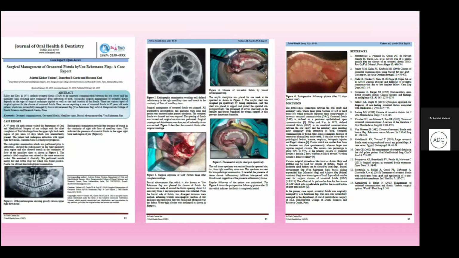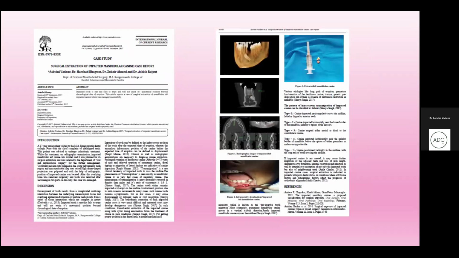Then this is another case of oroantral fistula, which was managed by the von Rehrmann flap. The von Rehrmann flap is a buccal advancement type of flap. This is the surgical extraction of an impacted mandibular canine. Whenever we are performing any impacted tooth extraction, the foremost important thing is that we have to take care of all the vital structures present near that tooth.